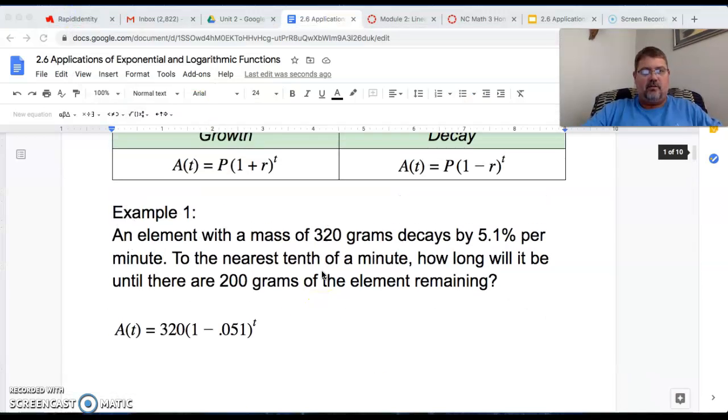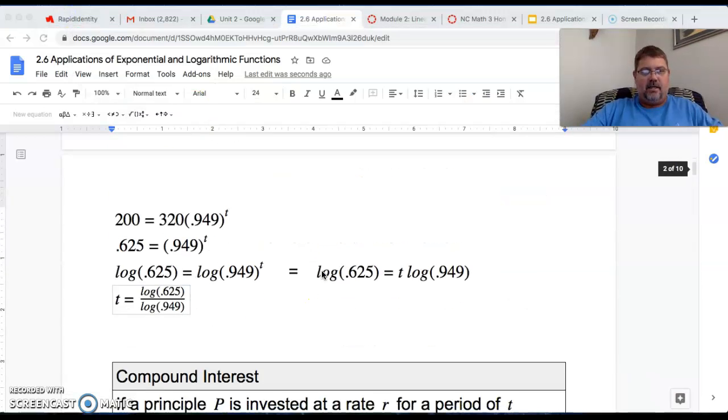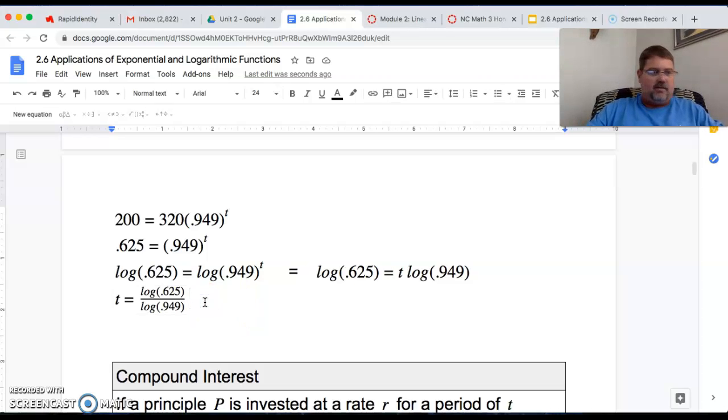I think we're in minutes here, aren't we? Yep, about 9 minutes. Some of the problems ask you to go to the tenths place, and I think this would round to approximately 9.